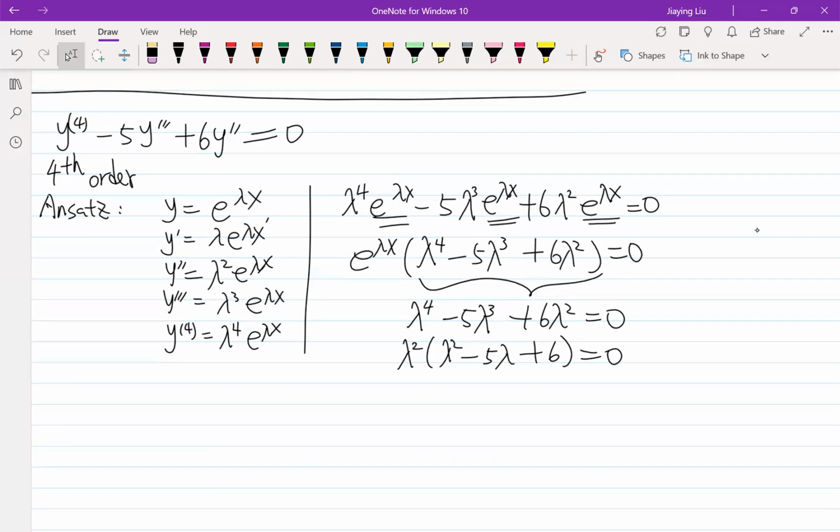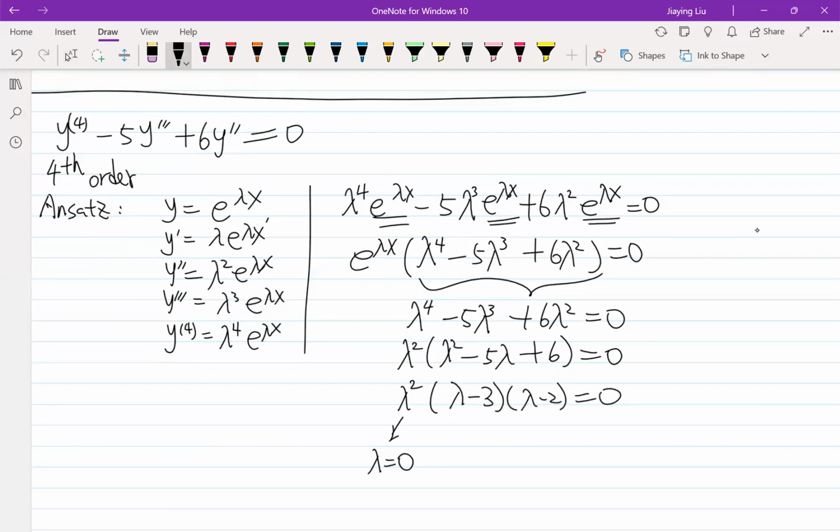We can factor this further. So we have lambda squared, and this one, if you factor it, you end up with lambda minus 3 times lambda minus 2, I believe, equals 0. That's good. So it means we can solve for lambda. From lambda squared equals 0, we get lambda equals 0.